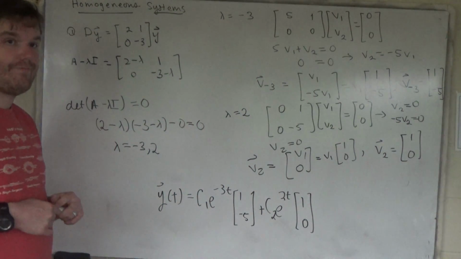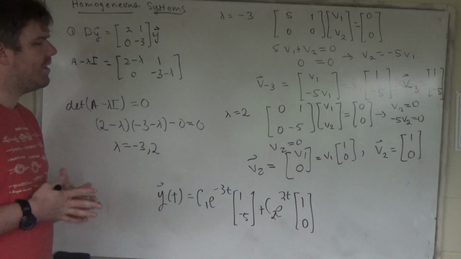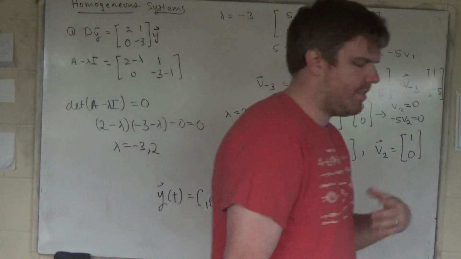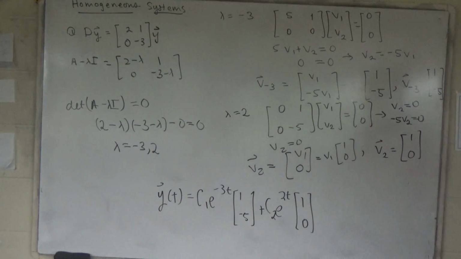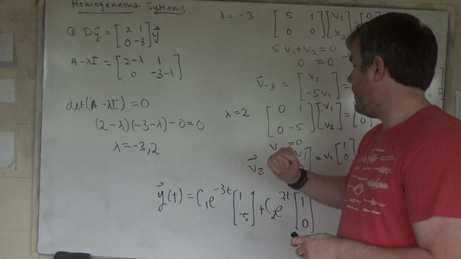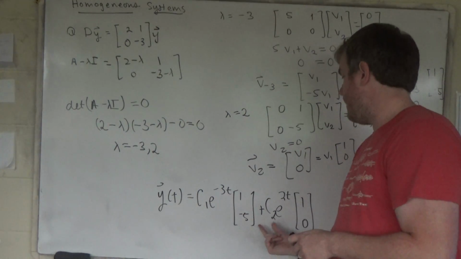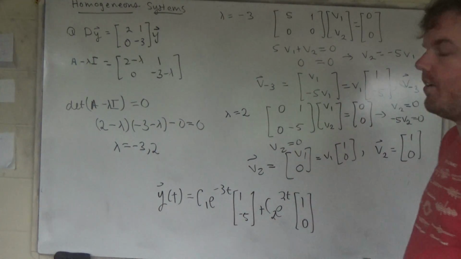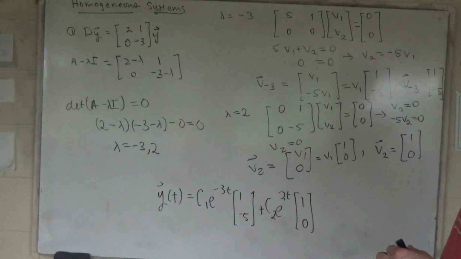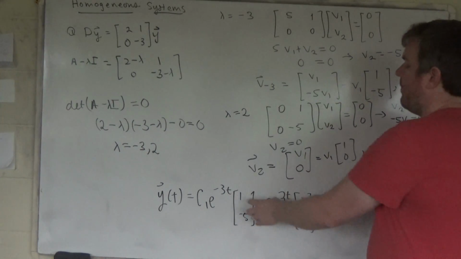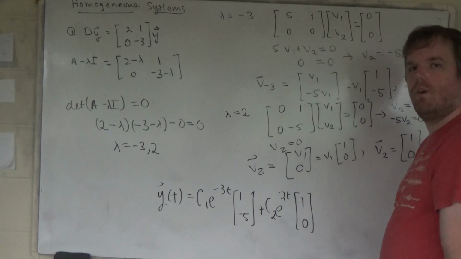And that's it. So we can see that if we have distinct eigenvalues, it matches the second order constant coefficient homogeneous linear case almost exactly, except we have to find the corresponding eigenvectors as well.